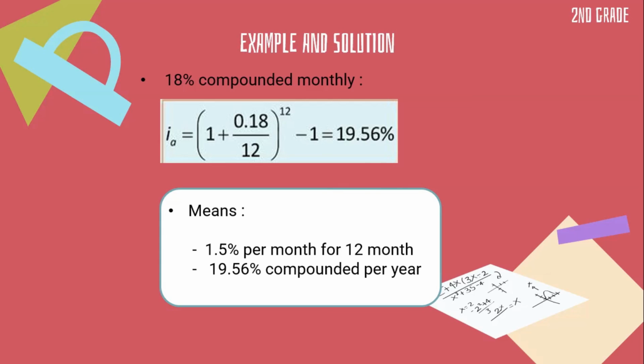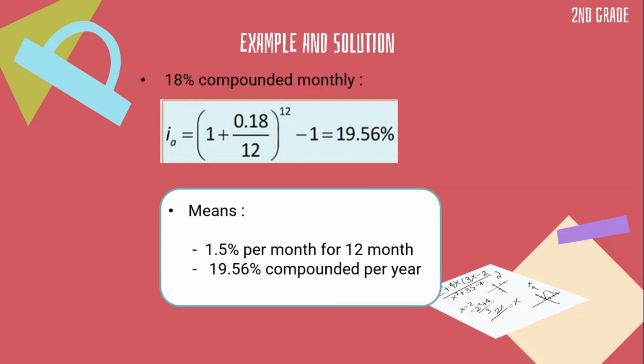Example and solution. 18% compounded monthly. 18% is the nominal interest rate. We need to find the effective interest rate. Effective interest rate equal 1 plus 0.18 divided by 12, 12 exponent, minus 1.